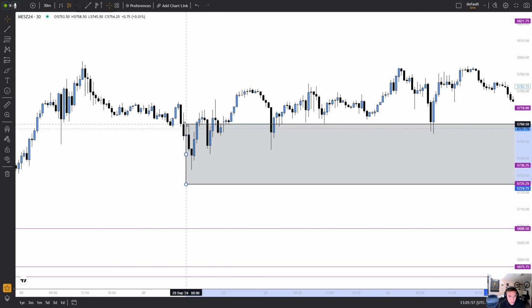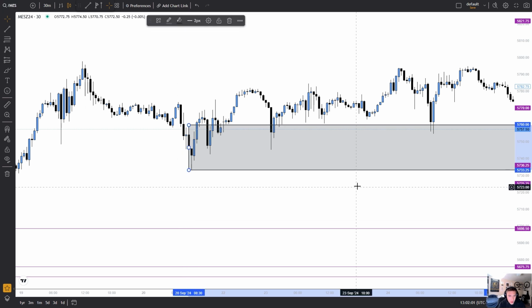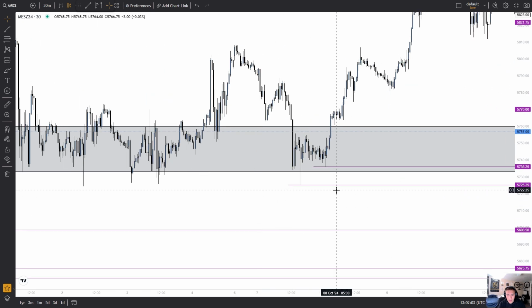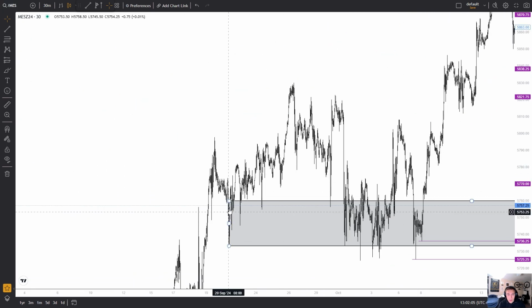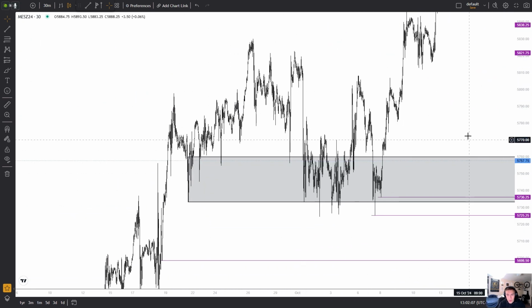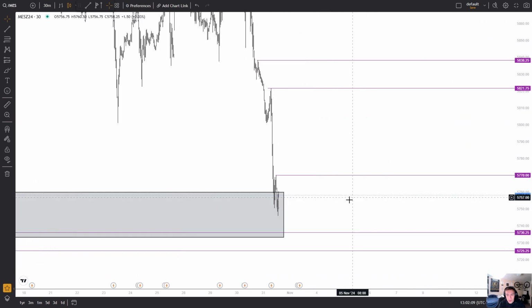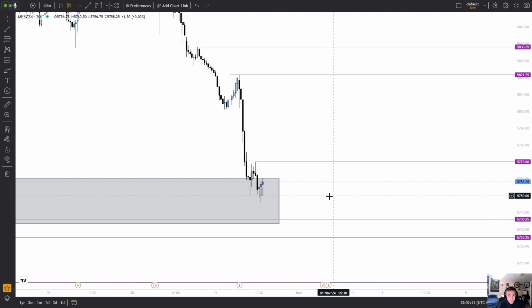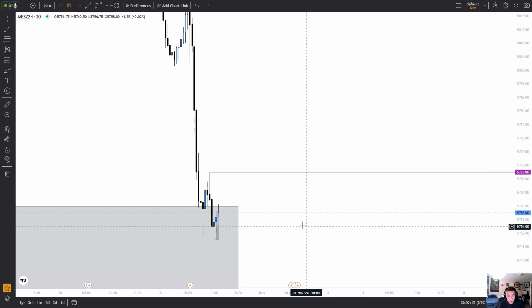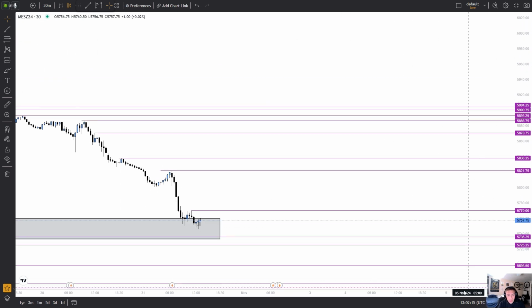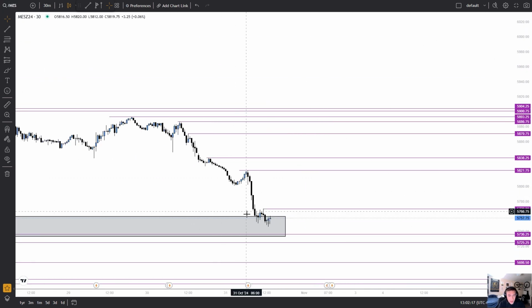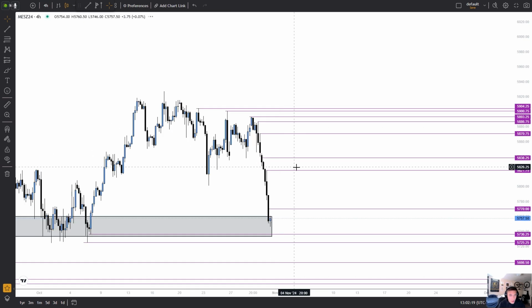We get our break of structure right here, a 30-minute order block, rally to the upside. Tap in, rally, tap in, rally, tap in, rally, tap in. My only other prediction would be that we rally at least somewhat to some kind of equilibrium to hourly highs, filling imbalances up here.